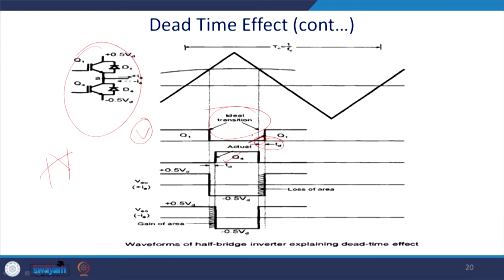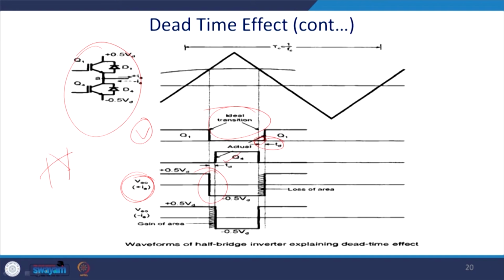Now, if you have the VAO and assume that current is positive, in a positive cycle, with a lagging power factor, there is a challenge that will come a little later. Voltage is positive, but since it is a lagging power factor, current is still in the negative half cycle. Assume that this is a case, so current is positive, then there is no problem here.